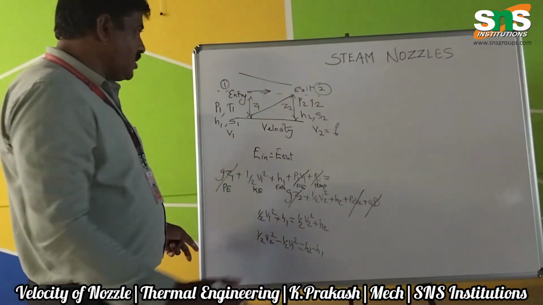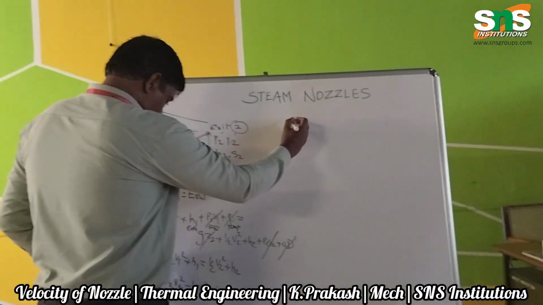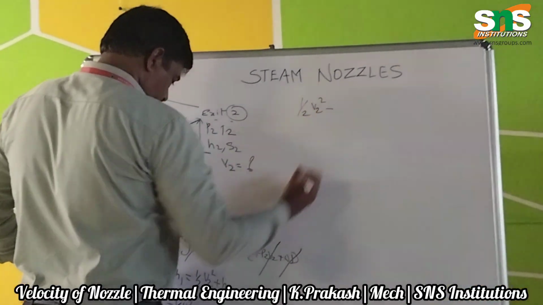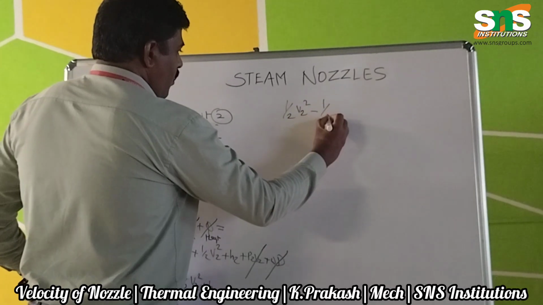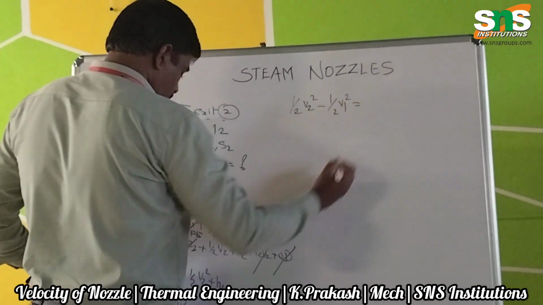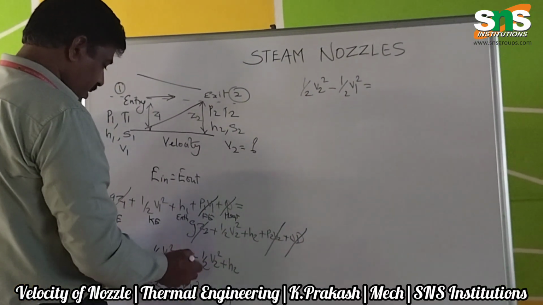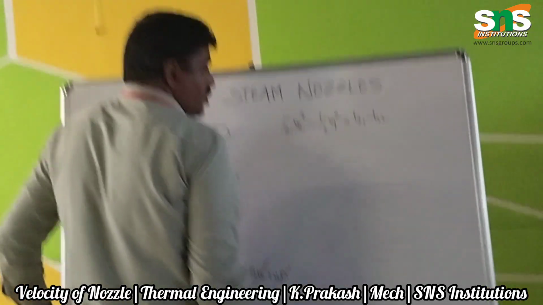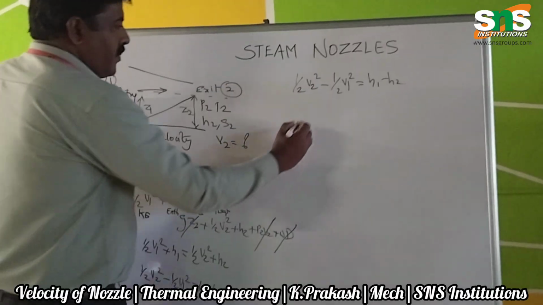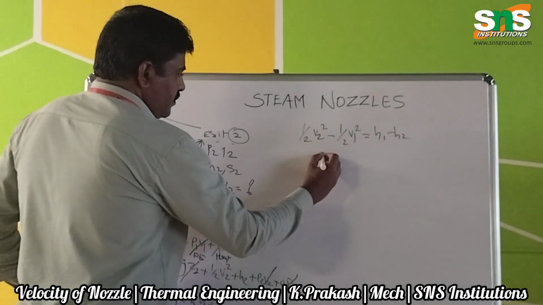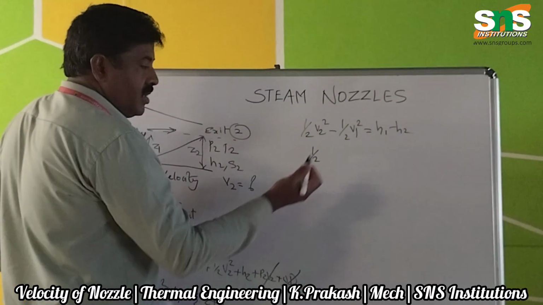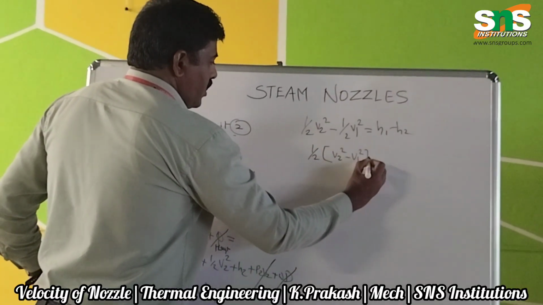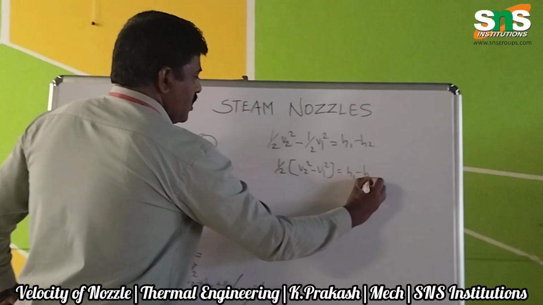Now this half is common for both, so it is taken out. So now V2 square minus V1 square is equal to 2 times H1 minus H2.